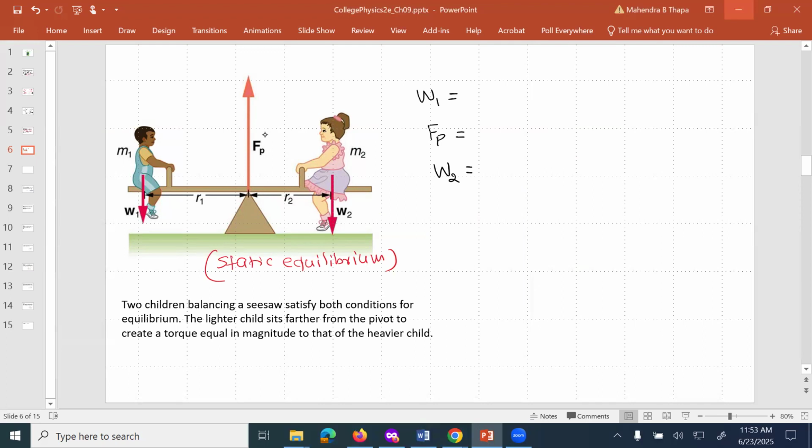And if this seesaw has mass, it also acts, if this is the center of gravity, one weight is W. Okay, this is the W. So these are the external forces acting on the seesaw.